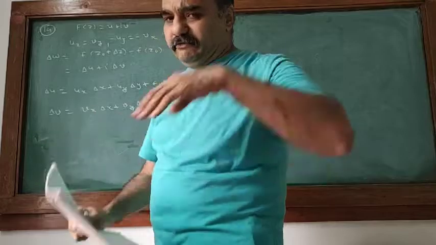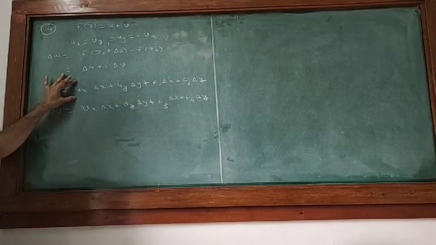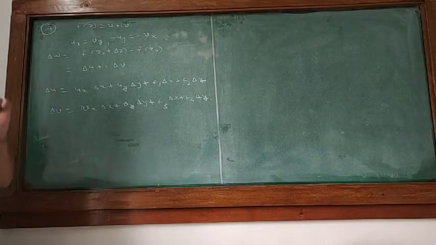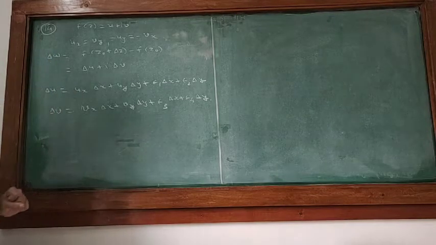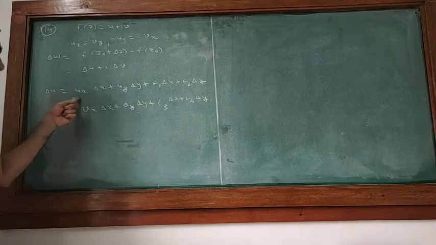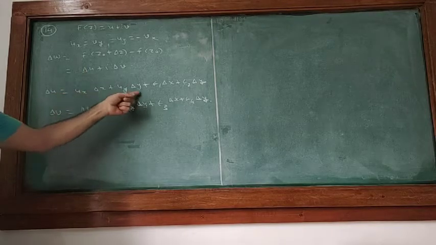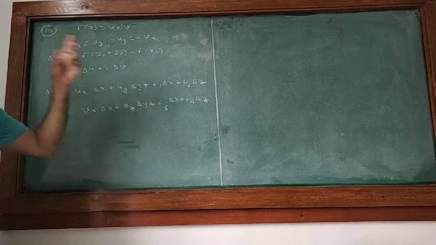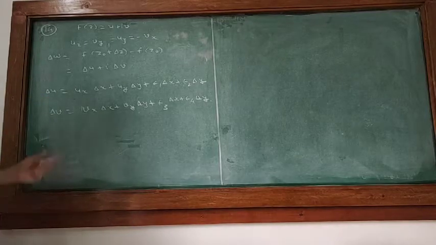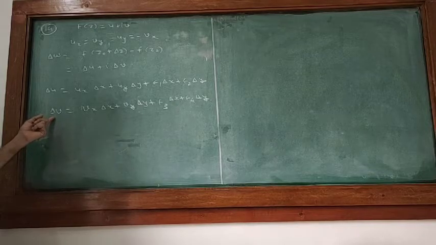And now I write this equation from SY BSc. In the chapter of differentiation of SY BSc, you used to write there delta u as ux delta x plus uy delta y plus epsilon 1 delta x plus epsilon 2 delta y. If you remember it from SY BSc, I taught you, and the same I repeat here for delta v.